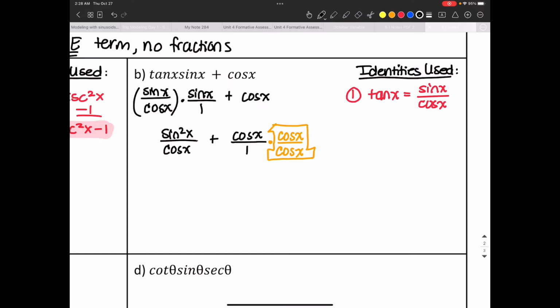And then I'm going to get sine squared of x over cosine of x plus cosine squared of x over cosine of x. And when I add these two together, I'm going to have sine squared of x plus cosine squared of x all over cosine of x. From here, I see something that I recognize very easily.